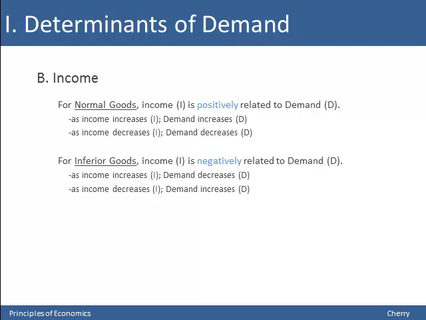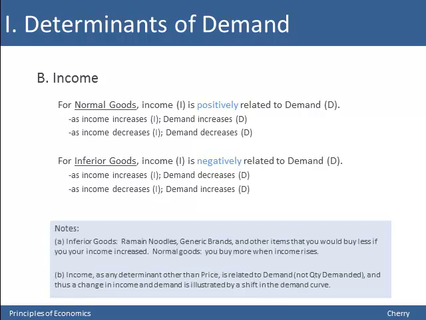There are a special case of goods which we call inferior goods, where income is negatively related to demand. So in this case, income increases and you're going to buy less of those goods or services. And then if income decreases, you're going to buy more. So what are some examples of inferior goods? A few of them would be ramen noodles, generic brands, and those things that are relatively perceived as low quality but cheap.